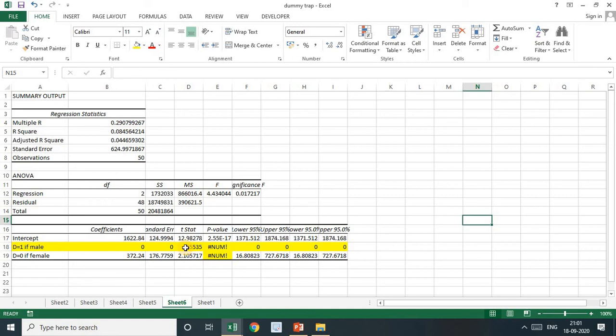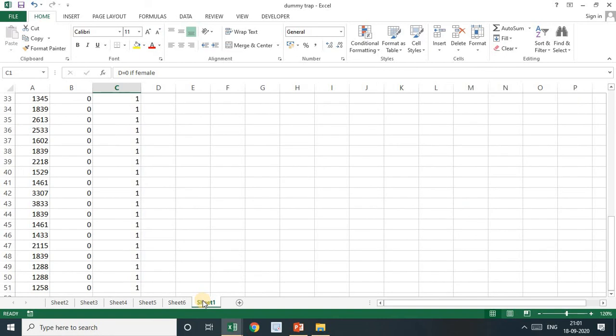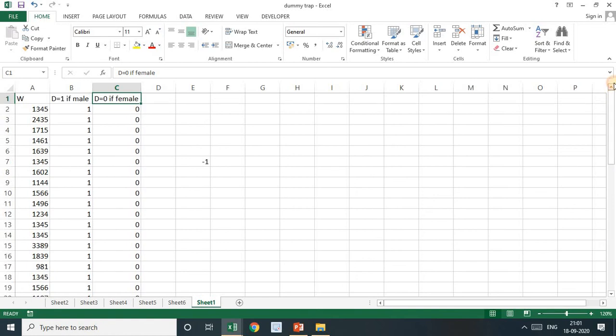Otherwise we will fall into what is called the dummy variable trap. This trap is basically due to the linear dependence of male and female, because whenever there is 1, there is 0. Whenever there is 0, there is 1.